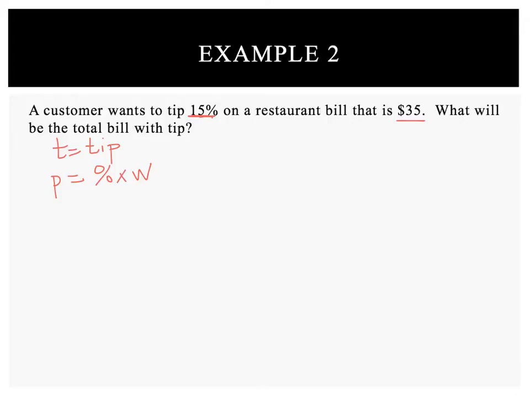T is my part, so T is equal to, now remember, for percent, we take that 15 and we make it a decimal, so it becomes 0.15 times our whole number, which is our bill, which is $35. If I use my calculator, I get T, the tip, is equal to $5.25.